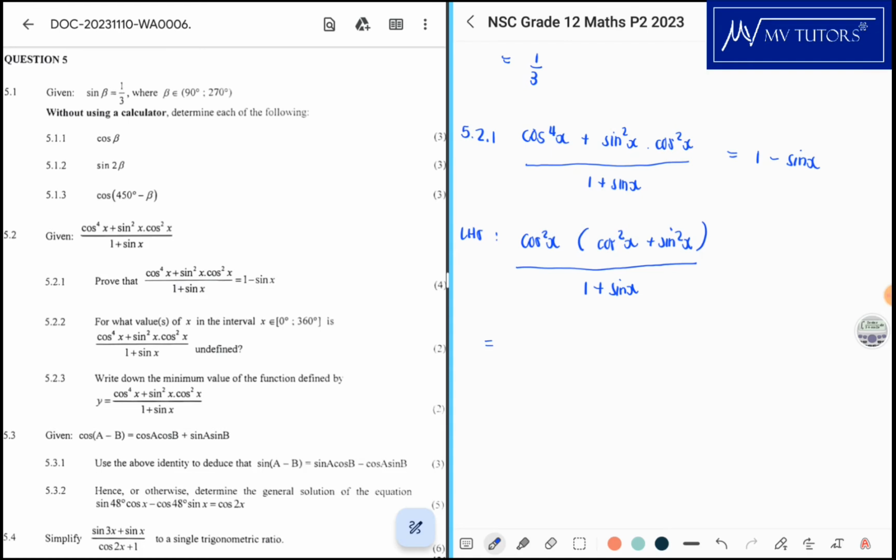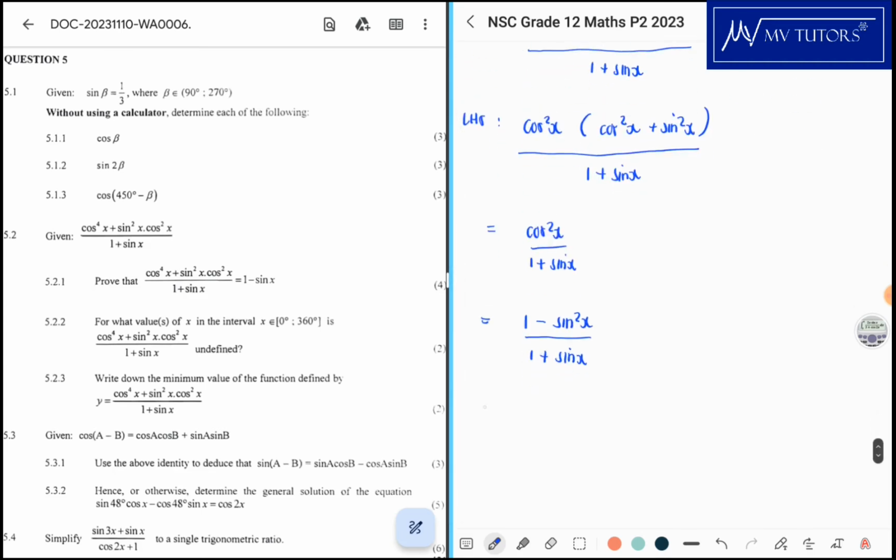So then what am I left with? I'm left with cos squared x divided by 1 plus sine x. Now cos squared x, remember the identity sine squared x plus cos squared x is equal to 1. If I write that identity in terms of cos squared x, I'm going to have 1 minus sine squared x, divided by 1 plus sine x. So I'm starting to see the light.